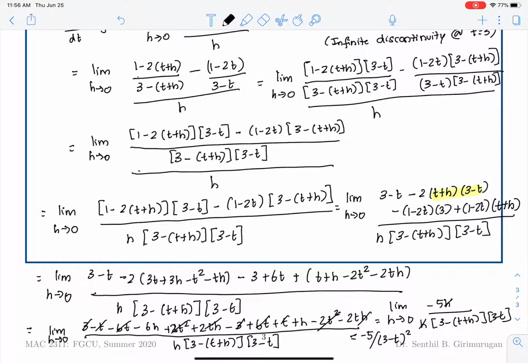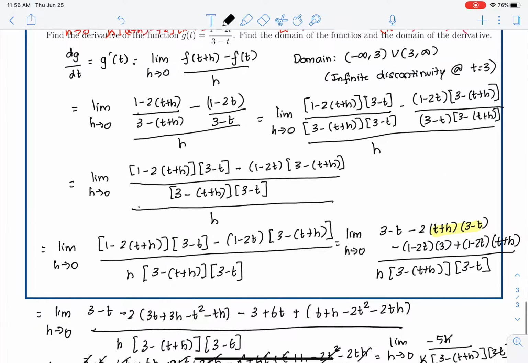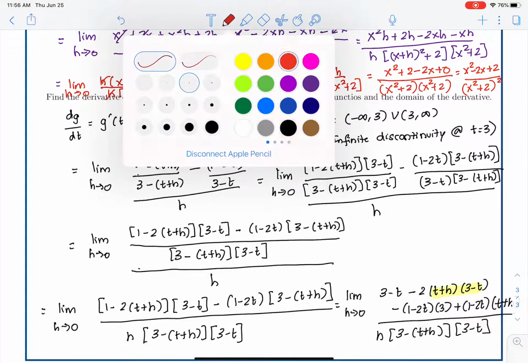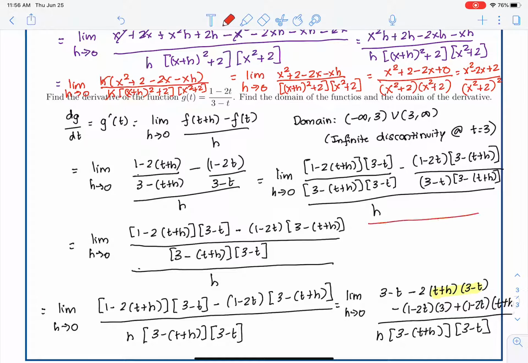Since the function has a discontinuity at t equals 3, the derivative would also have a discontinuity at t equals 3. So the derivative has the domain negative infinity to 3 union 3 to infinity.